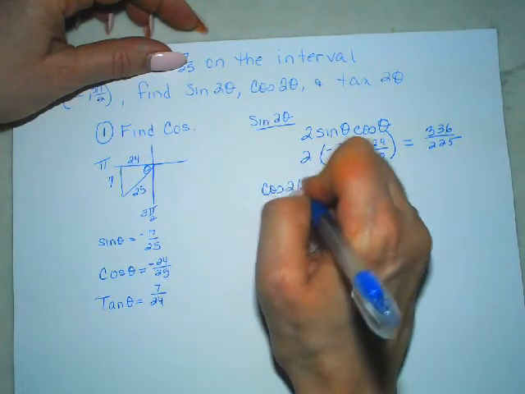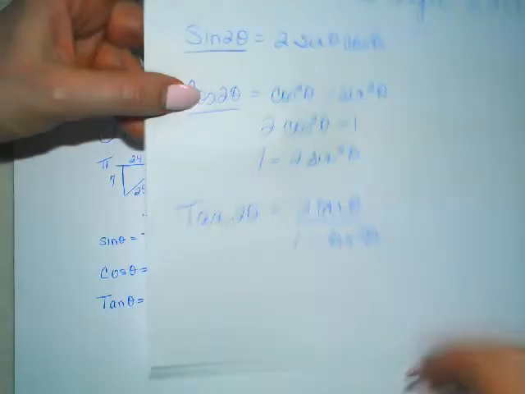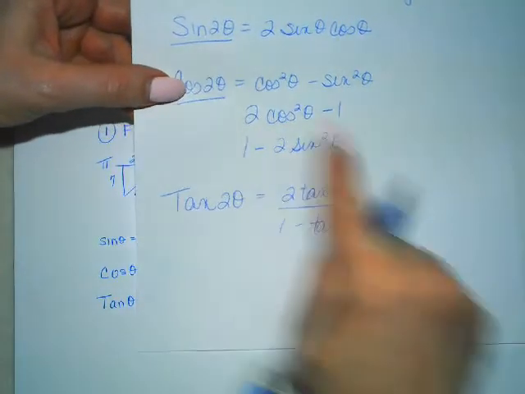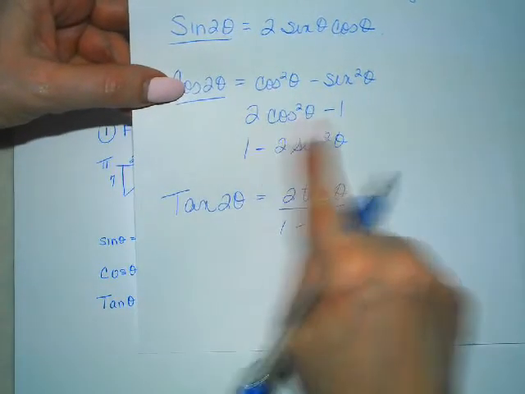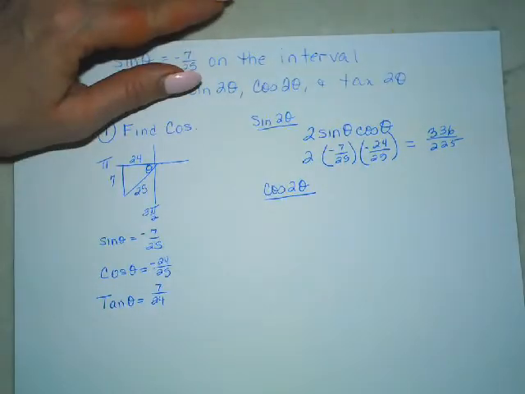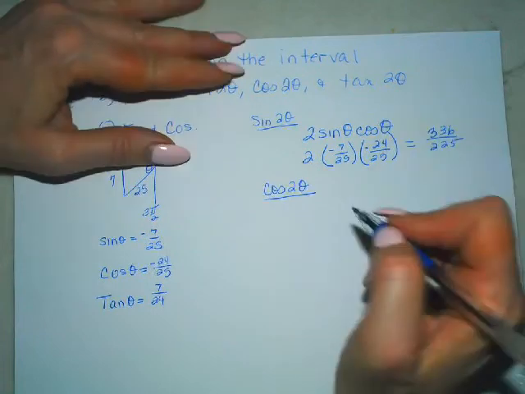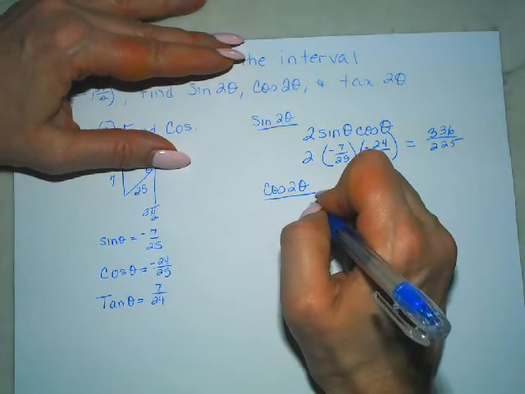Now, the cosine of the double angle. I could use any one of these formulas. I could use the cosine squared minus sine squared, because I have a cosine and sine. Since they gave me the sine in the original, I'm going to use that formula.